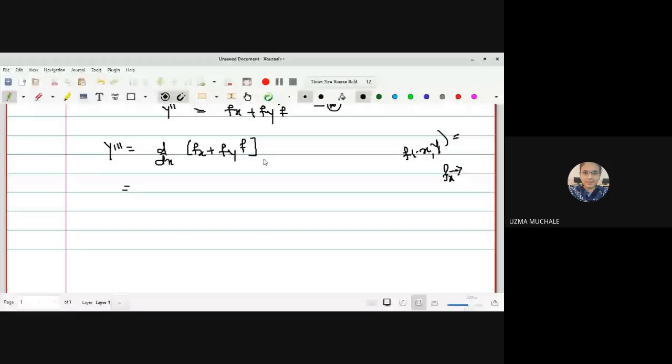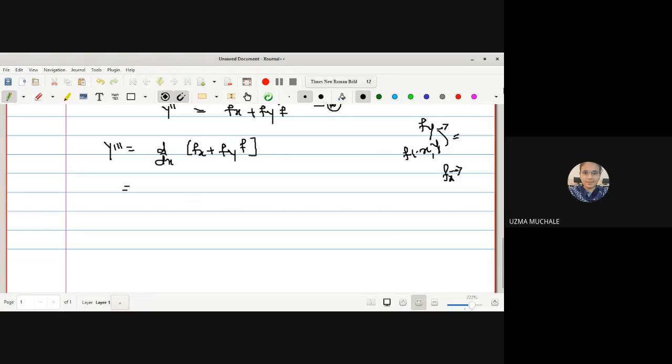If it is also a function of two variables, then how to evaluate the derivative of fx and fy? Similar will be the case for fy. Since f is a function of two independent variables, fy is also a function of two independent variables.